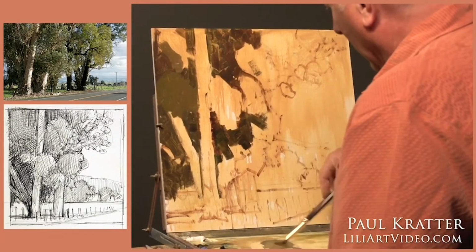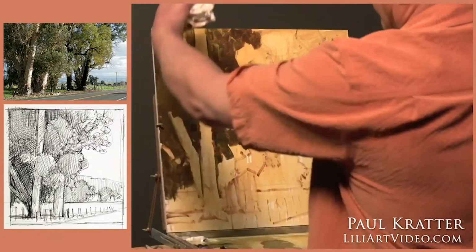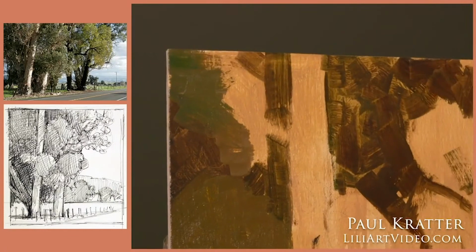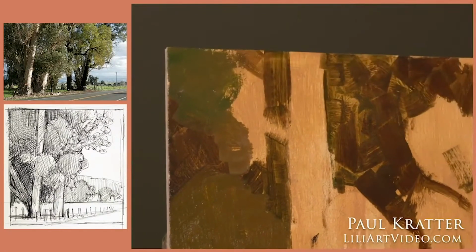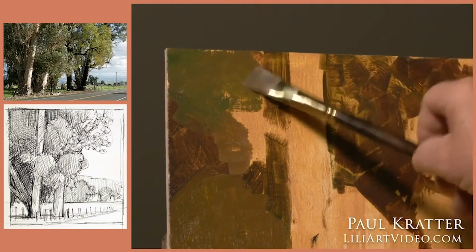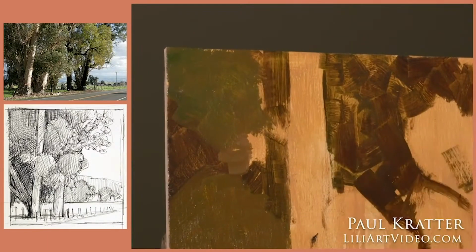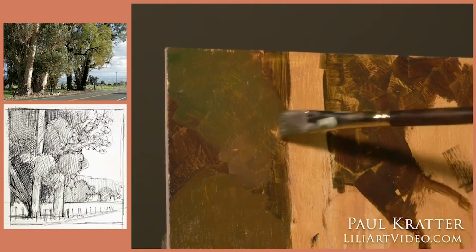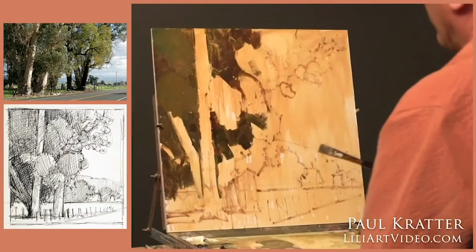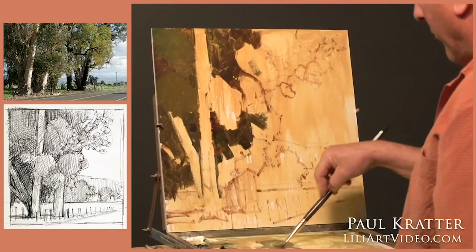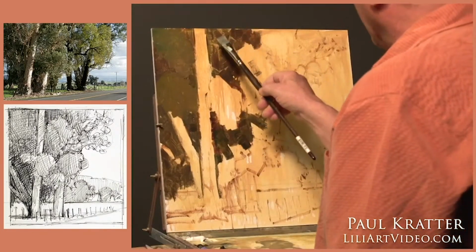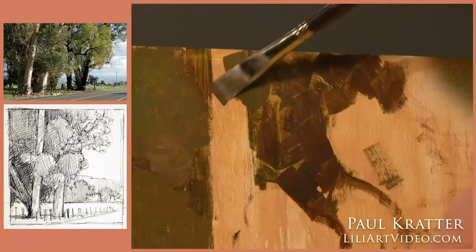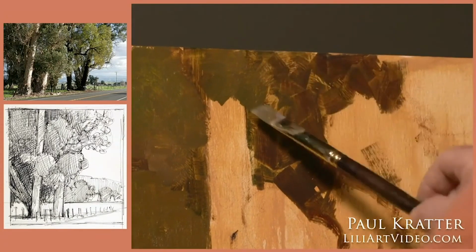So even at this stage, I could have just painted this entire area just as a dark, but I'm just starting to set up a little bit of change in here where I have some areas that are coming forward and some that are receding a little bit further. I want to have a couple areas where the foliage goes in front of the trunk.